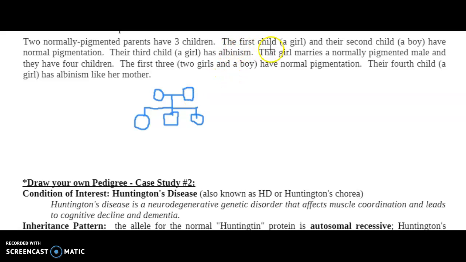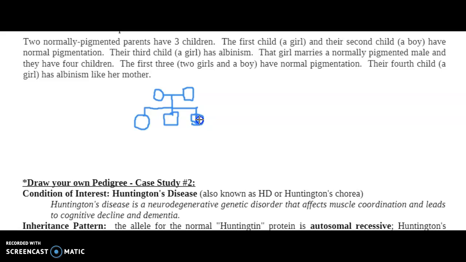The first child is a girl and their second child is a boy, and they have normal pigmentation. So child 1 and child 2 are normal pigmentation. The third child is a girl and she has albinism. So we're going to color her circle in. Just color our circle in because she is affected.